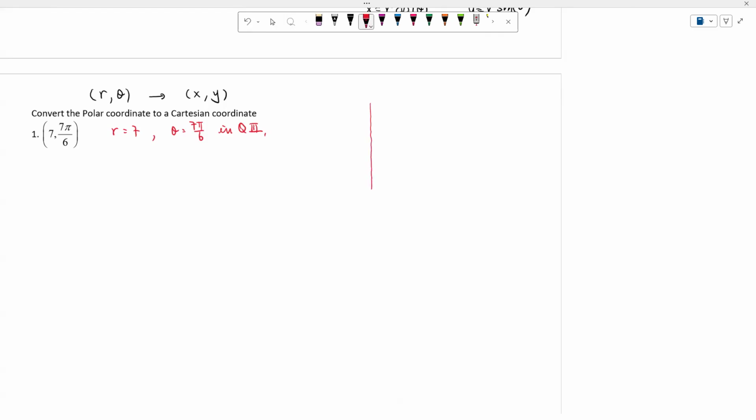Then let us try to sketch. Basically we will have this here, r is 7, and the angle that we have is 7 pi over 6. If I want to find x, it will be r cosine of theta, so 7 times cosine of 7 pi over 6.